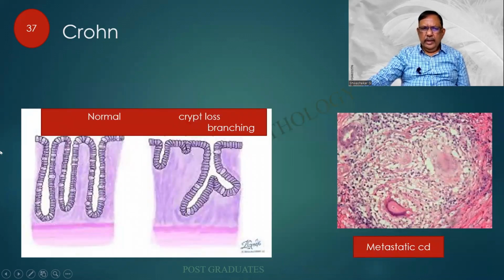So this is a normal mucosa, and here I am finding that there is a loss of the crypt and there can be the branching. Also, there is something called metastatic Crohn's disease, which means there can be granulomatous lesions elsewhere in the body, which should not deviate from a diagnosis of Crohn's. Have it in mind.